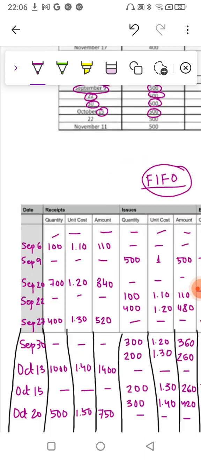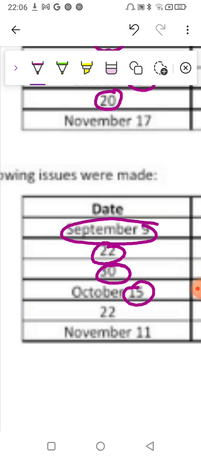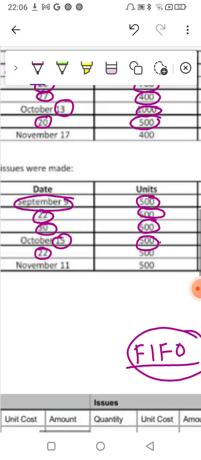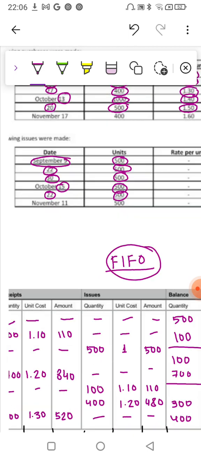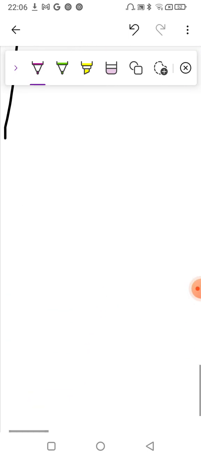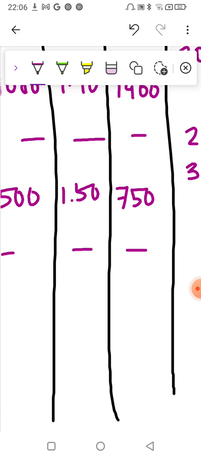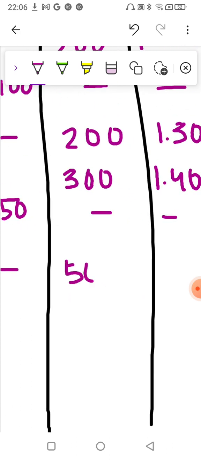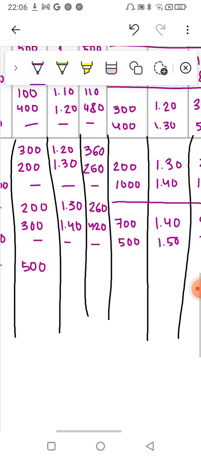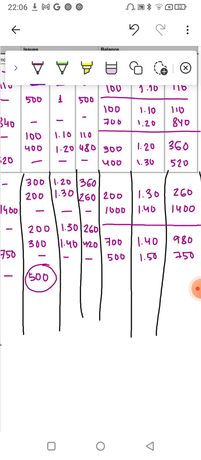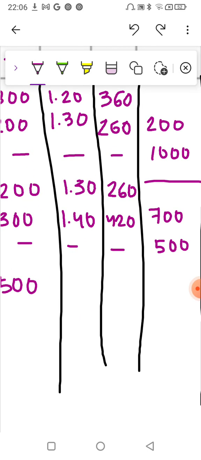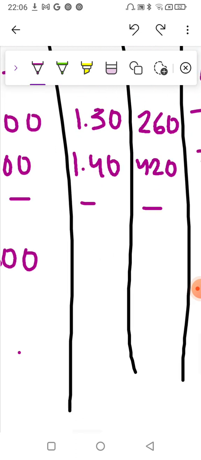Now after October 20, we will move to October 22, where there was an issue of 500 units. So we are going to write October 22. There was no purchase, there was an issue of 500 units. This 500 will be straight away issued from this 700 category because there is enough stock for this 500. So this will be from the 1.40 category.